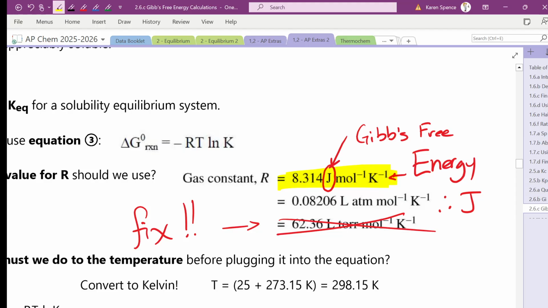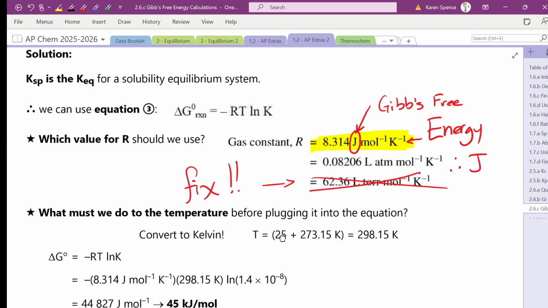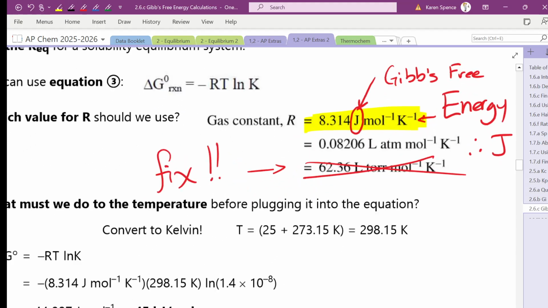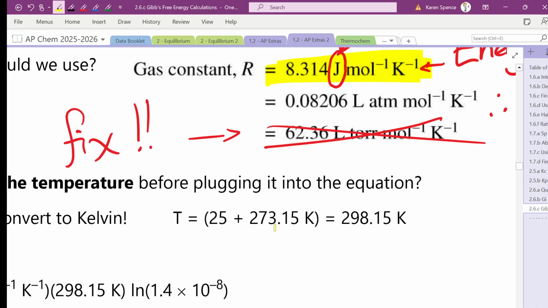What do we need to do with temperature before we plug it in? Kelvin. So now we've got 25 plus 273.15 is 298.15.